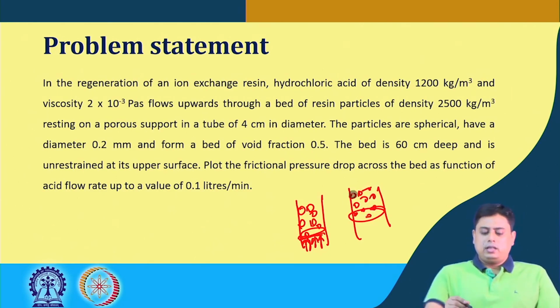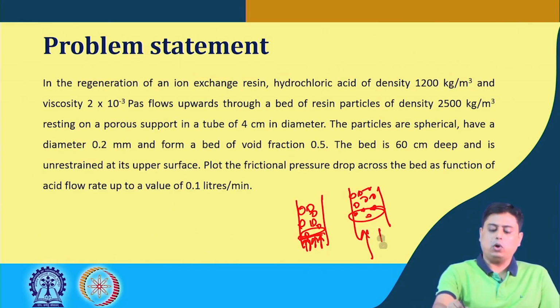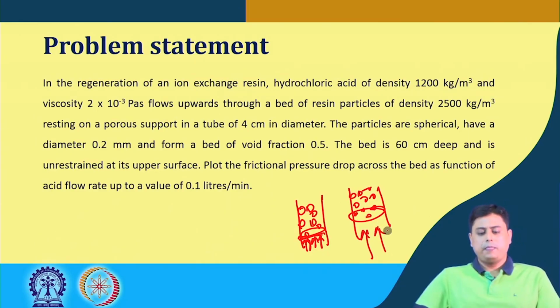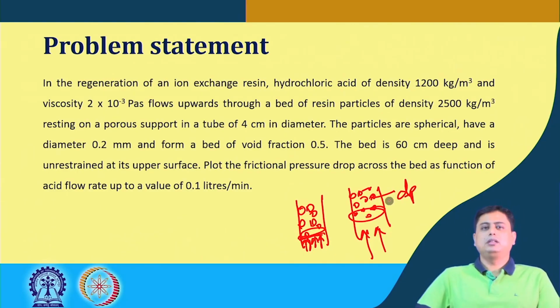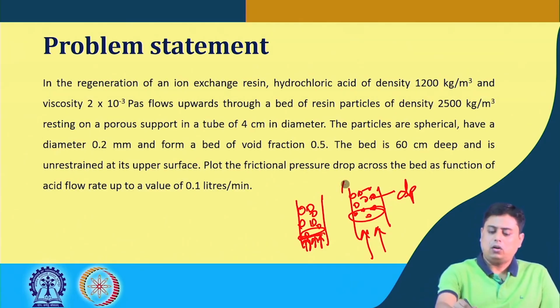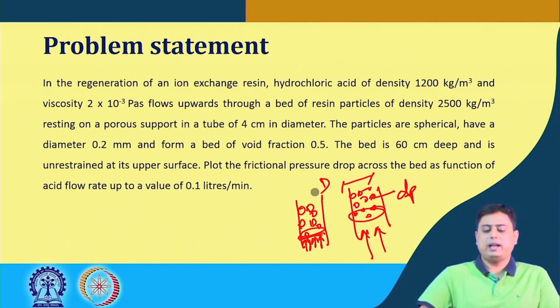Now, the fluid is flowing upward, here the hydrochloric acid of known density and known viscosity. The particle diameter, if I say dp, is mentioned. The cross section of the bed, the diameter, if I denote it as capital D, is also mentioned.